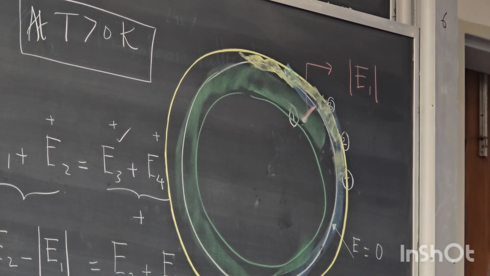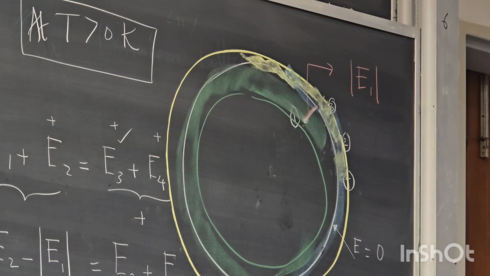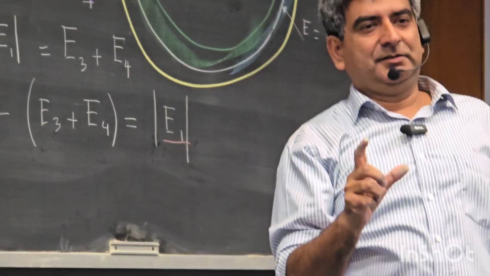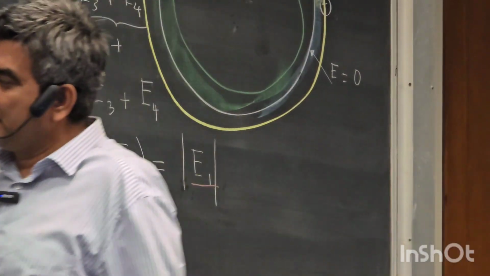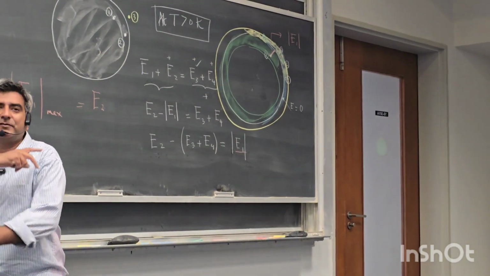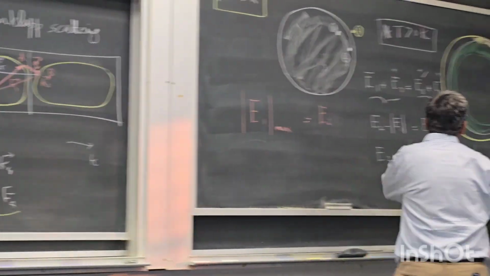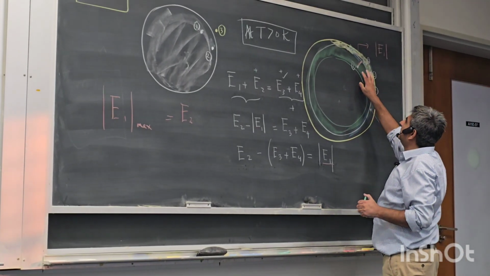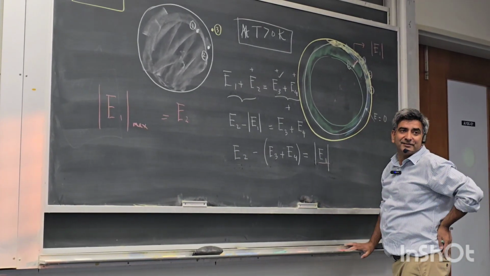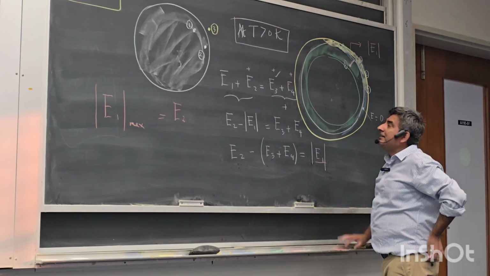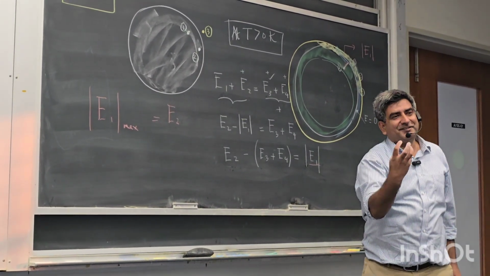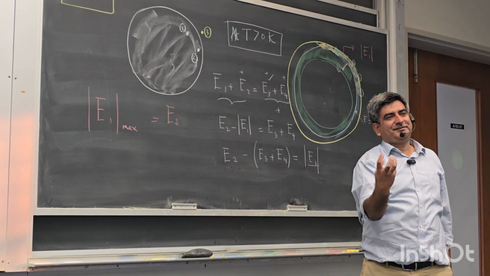It cannot be further down inside the Fermi sphere. So if electron scattering were to take place, and you wanted to satisfy this constraint, there's a narrow range within which the two electrons can lie. And this range is of the order of kBT.